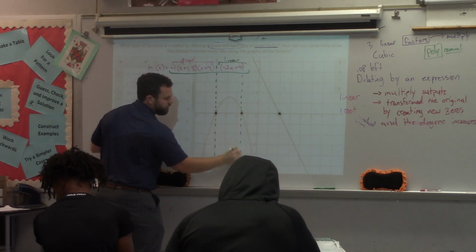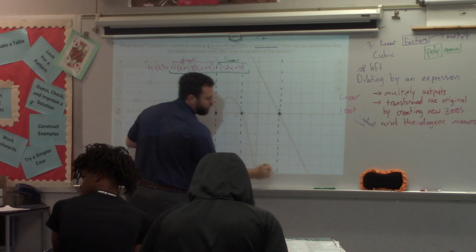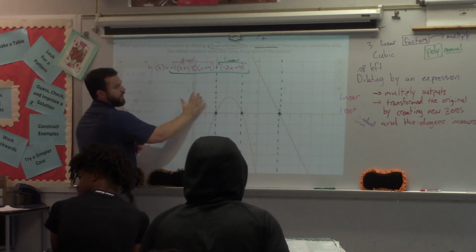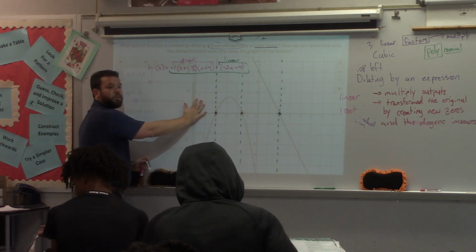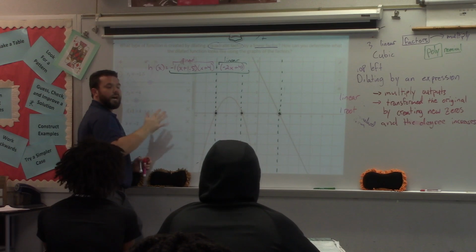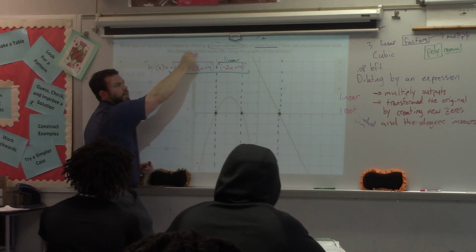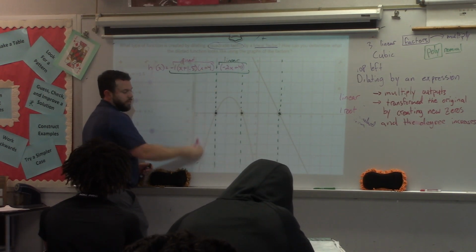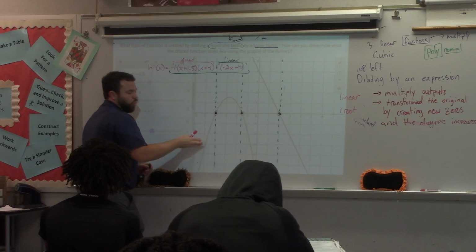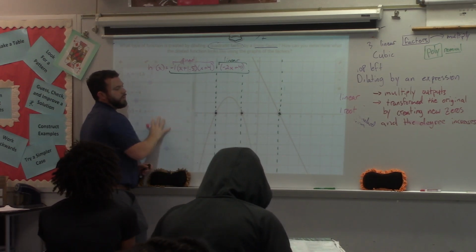Then I can figure out what it looks like by looking here at the left. Now, I need you to pay attention. How many factors do we have? Kind of 3, but remember, we really have a quadratic and a linear. So I'm just going to focus on this quadratic right here. What is my h of x going to look like over here?